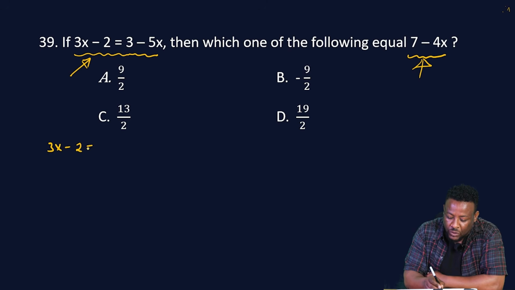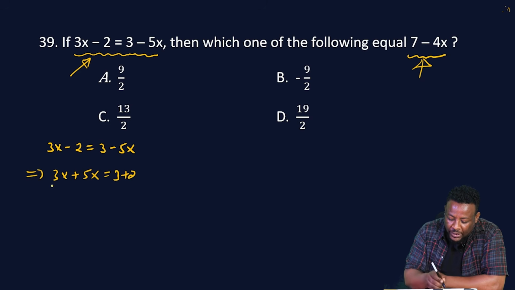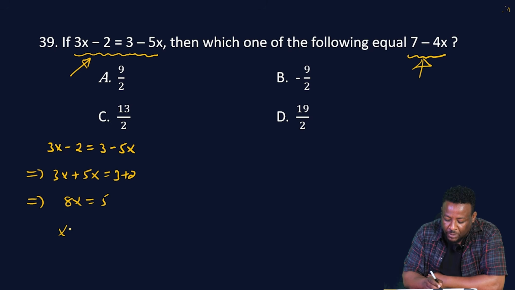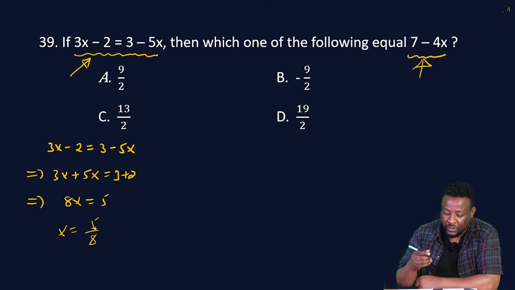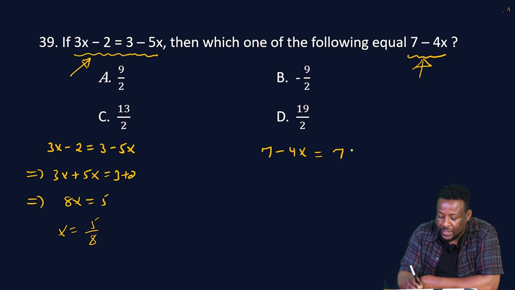To determine that, first we need to solve 3x minus 2 equals 3 minus 5x. Collecting like terms, this becomes 3x plus 5x equals 3 plus 2, so 8x equals 5. Dividing both sides by 8, x becomes 5 over 8. We are asked for 7 minus 4x, which means 7 minus 4 times 5 over 8.